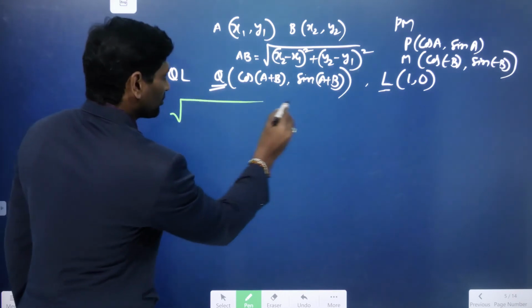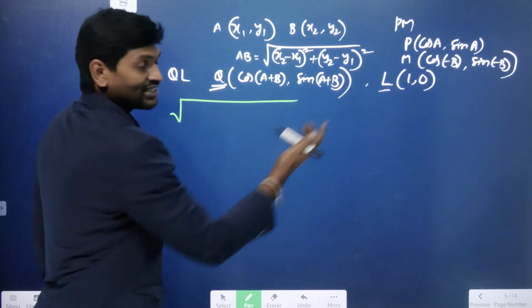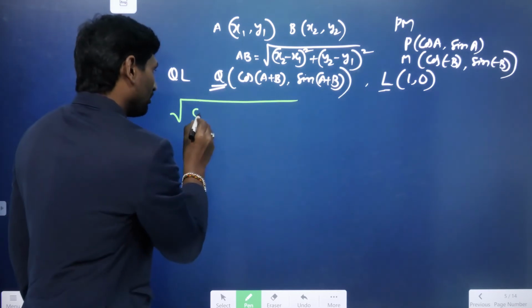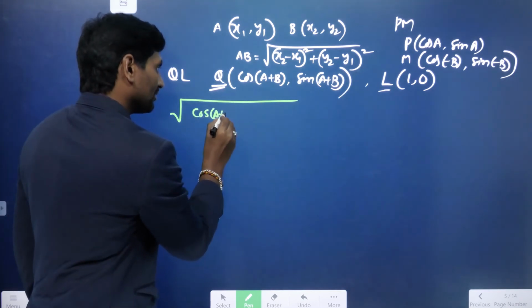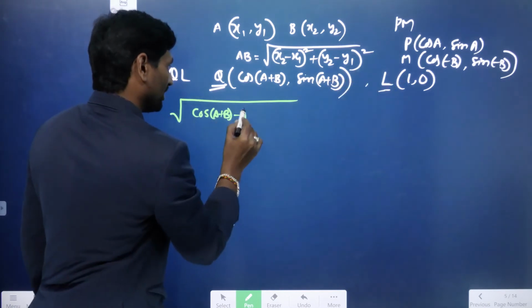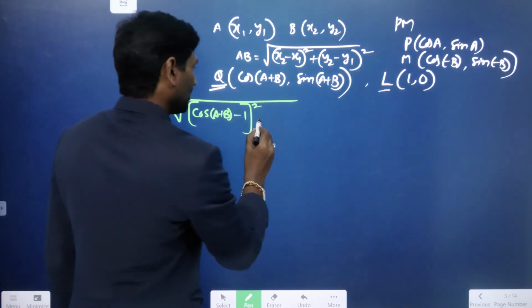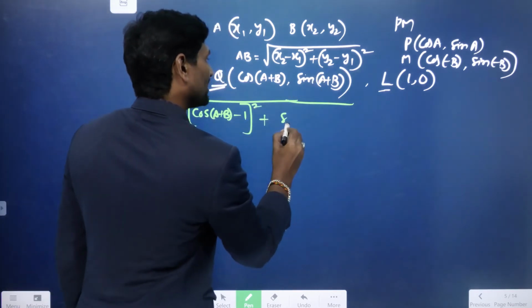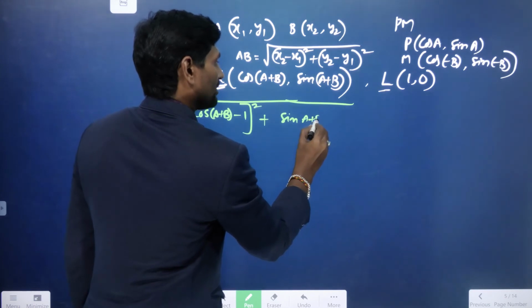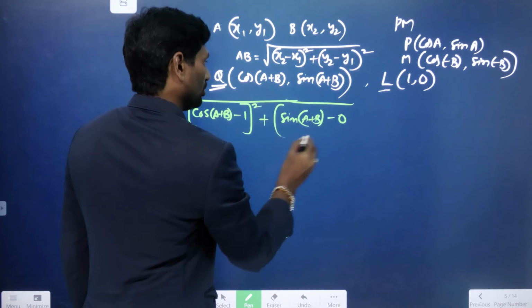QL is the square root of (x2 minus x1) or (x1 minus x2), anything is correct. I am writing x1 minus x2, which is 1, whole square, plus y2 minus y1, sin(A plus B) minus 0 here, whole square.